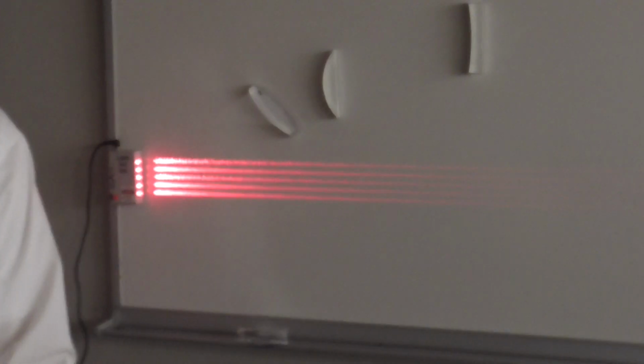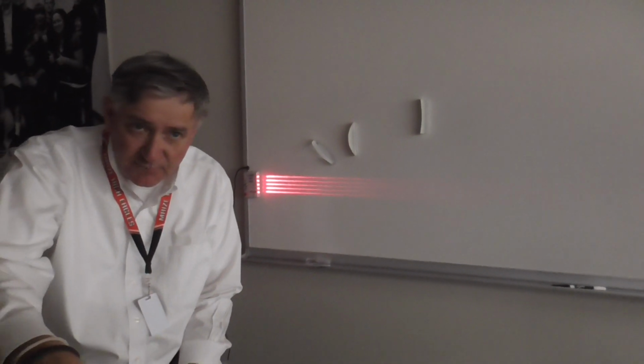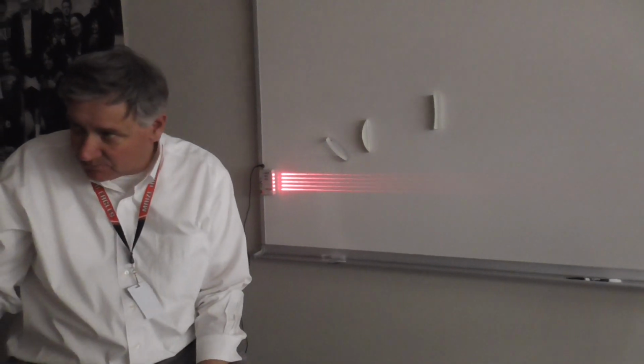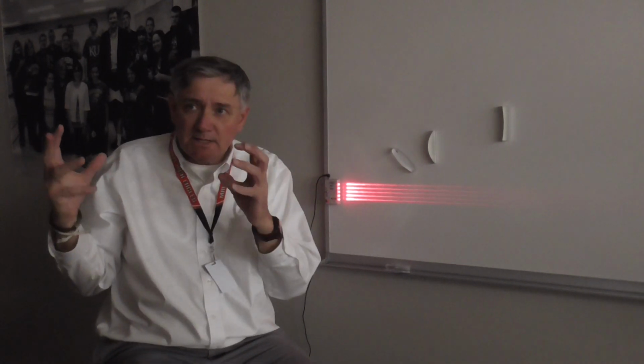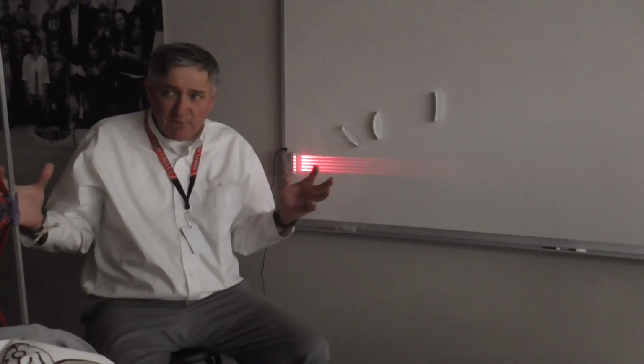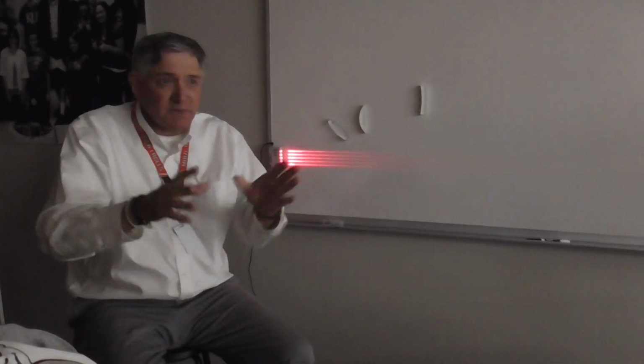Now, when it comes to focal length, this is one of the most important things you need to remember. Focal length can be positive or negative depending upon the situation. This is how you remember it in terms of people. If someone's a positive person, do they bring people together or do they force them apart? They bring them together, right?